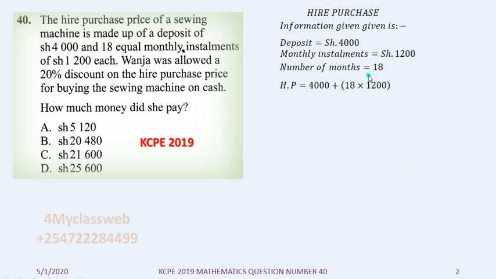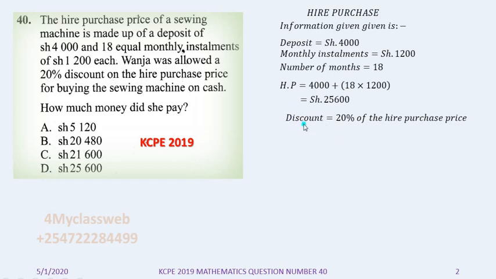Now, once you solve this expression here, you'll get that the higher purchase price is 25,600. This is now the higher purchase price. But then we are told if this person will buy this item on cash basis, she will be given 20% discount of that higher purchase price.